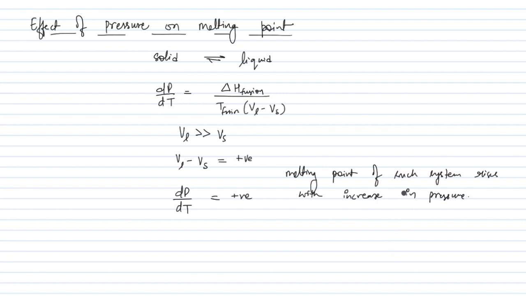Now we have certain more types of systems in which the thing is reverse actually. Now we have certain other types of systems as well, like your ice is there, then you have bismuth, and also gallium is there. So under these systems, what happens is that the volume of the solid part is actually greater than the volume of the liquid part. You might know this from the solid liquid curve in the phase transition.